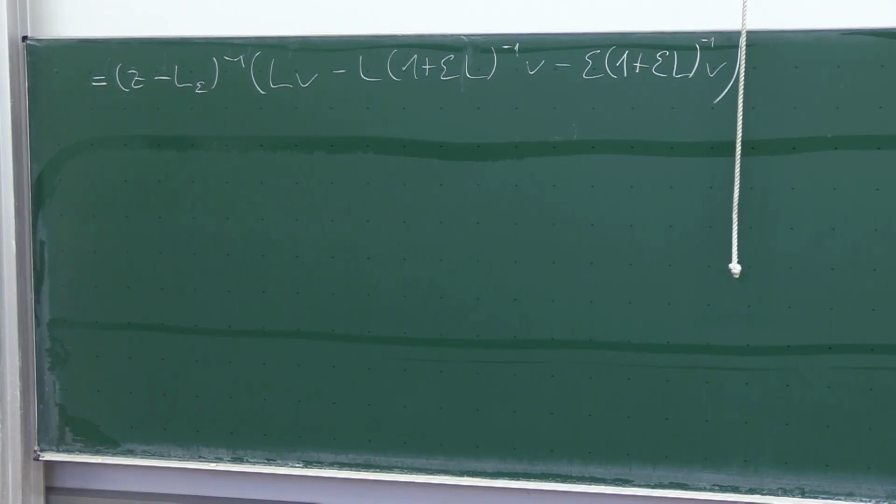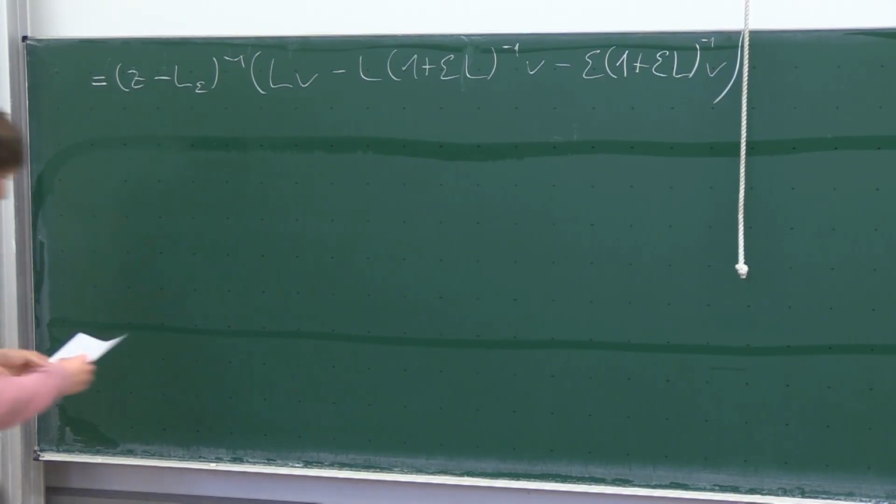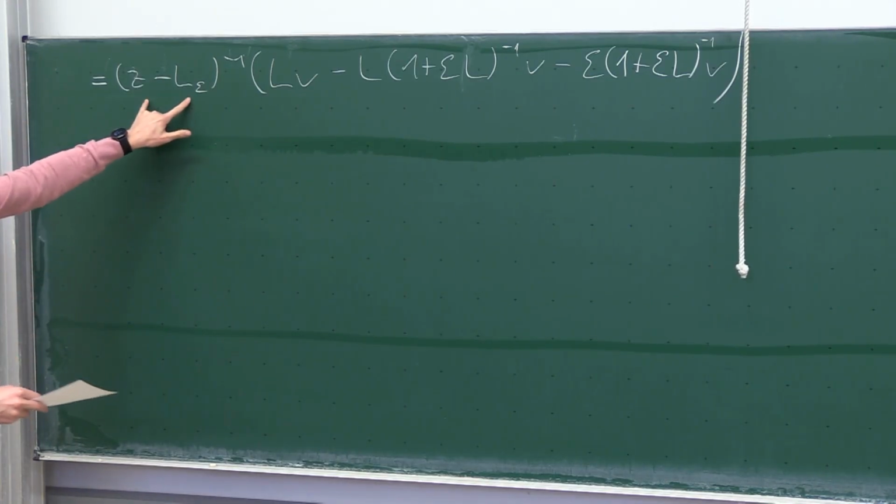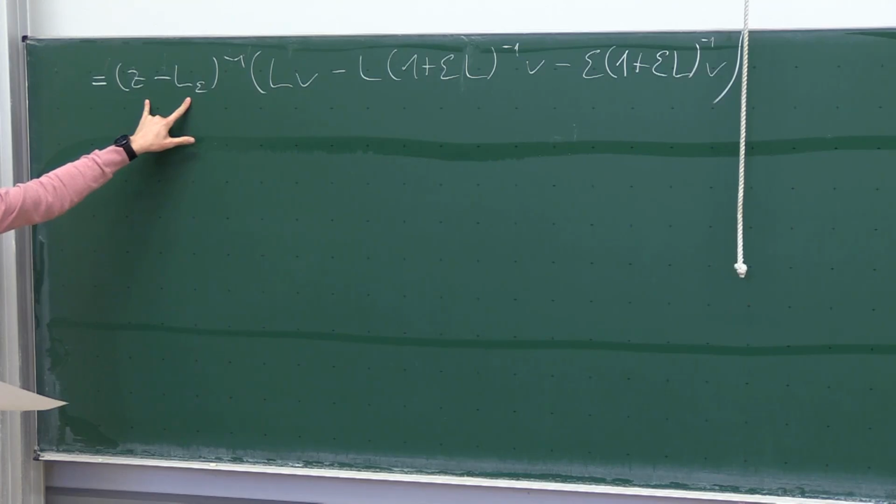And now we want to start to estimate this term. Okay, we want to prove that the resolvents of L epsilon strongly approximate the resolvent of L. So this means that the left-hand side here shall become small if epsilon tends to 0, right? But the problem is we have here a resolvent of the operator L epsilon, and we need to estimate it. And here is really a crucial property that we have now, that L epsilon itself is an m-accretive operator.